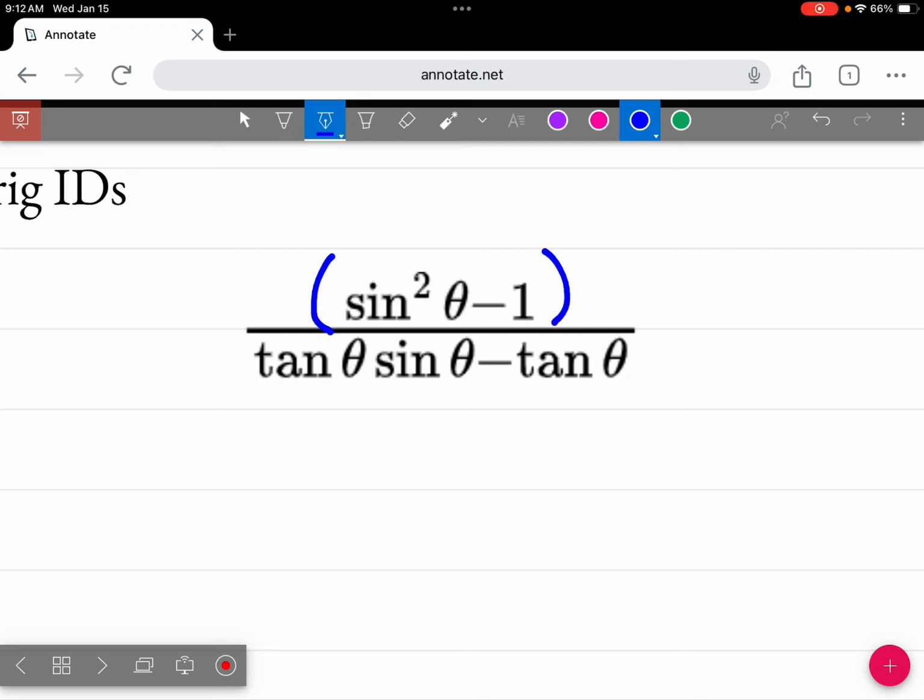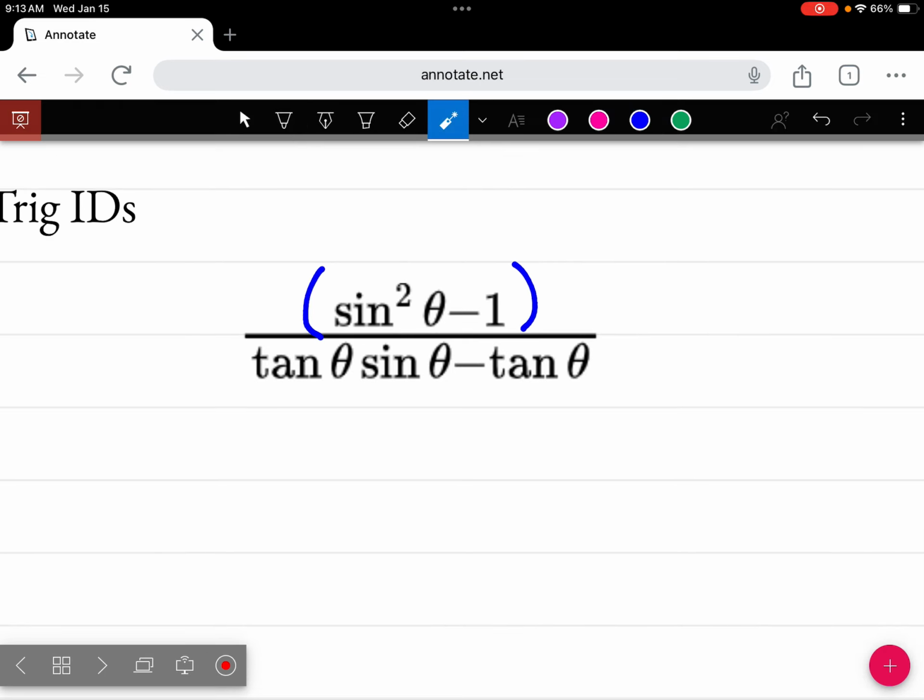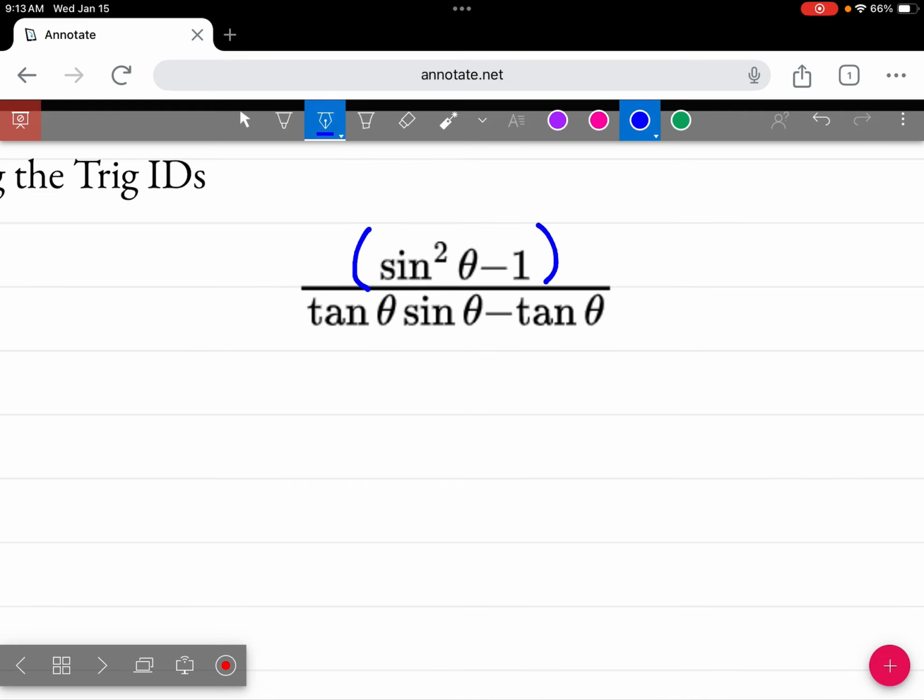There's absolutely a way through it in that same way. But in this case, I also see that I have subtraction in both of these. So I bet there's something involved that I'm going to be able to cancel out. So this is also a perfect square here and a perfect square here. It's a difference of perfect squares.